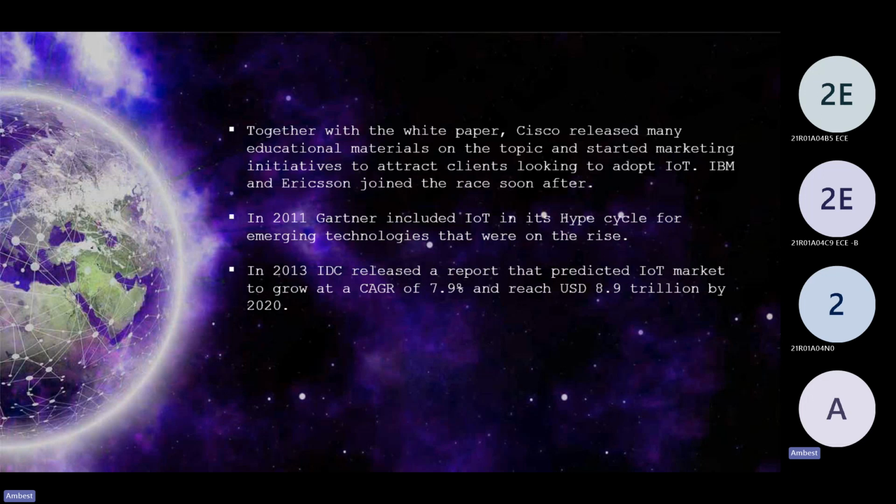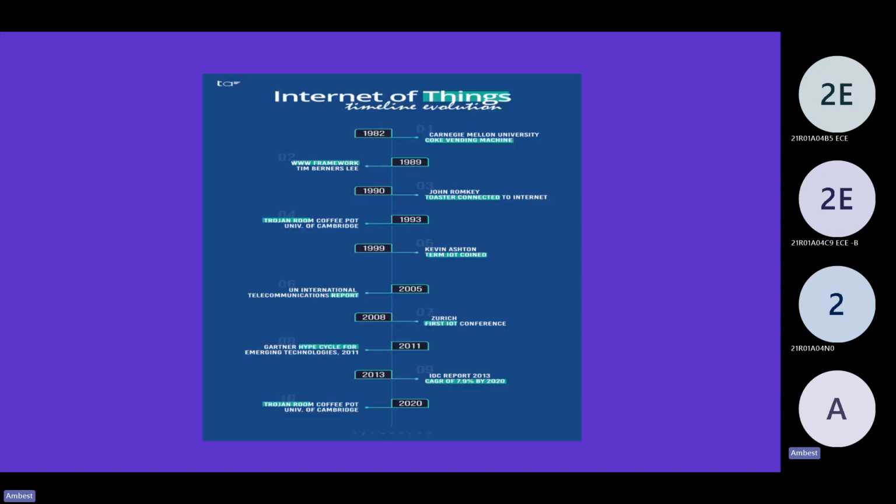From the white paper, Cisco decided that the marketing sector and every sector has majorly developed, and it became trillions by the year 2020. So in that way it has been built, and let's see the flowchart of that.